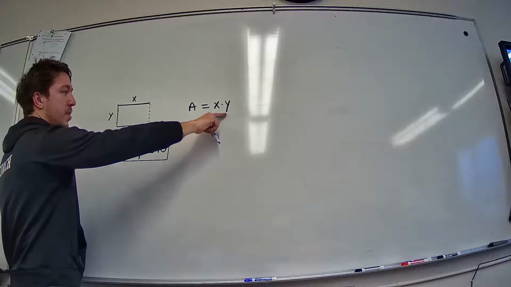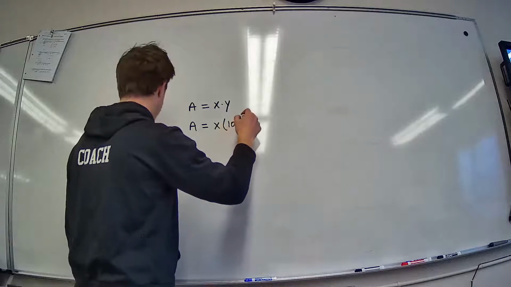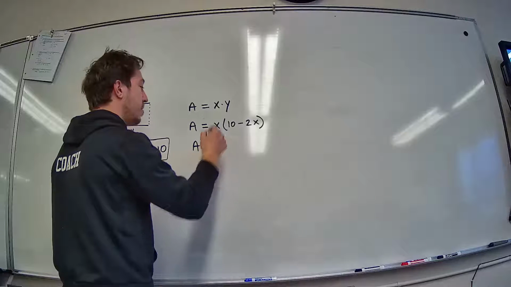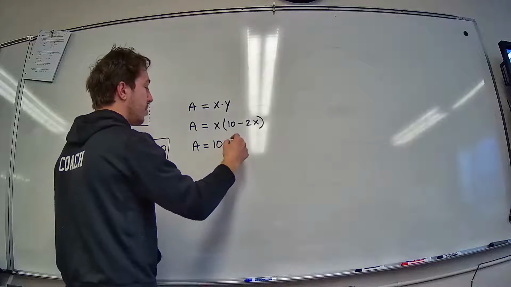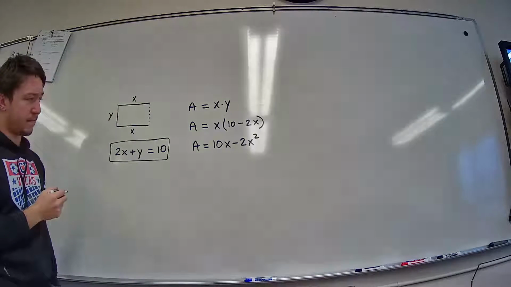I'm going to replace the y with 10 minus 2x. Distribute that x. And then, okay, that's my area function.